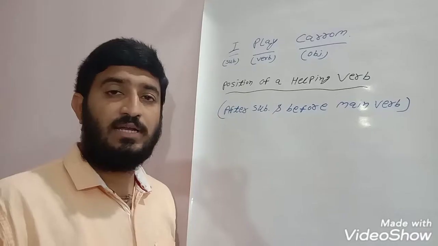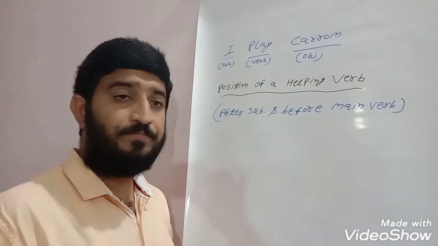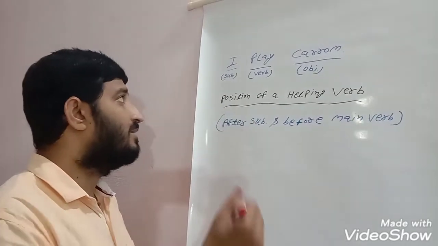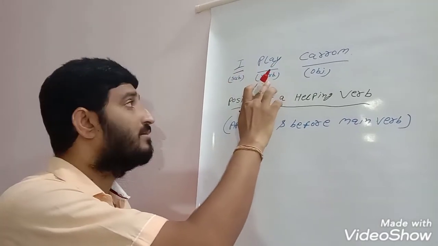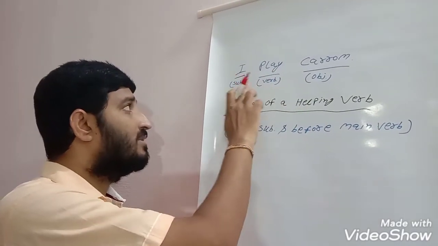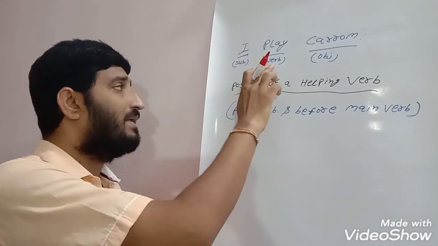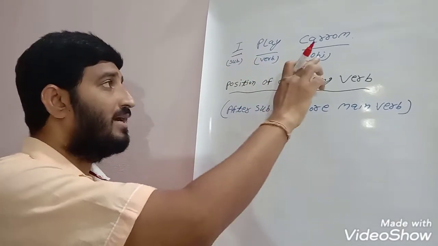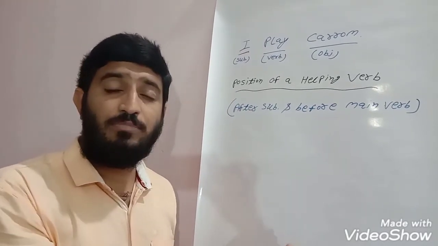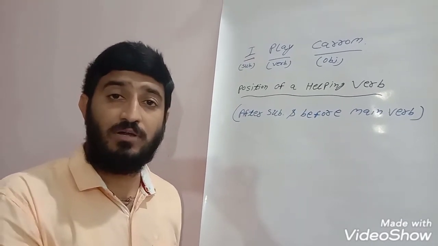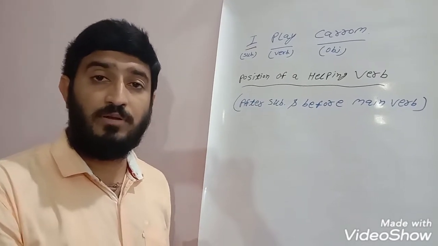Let us see an example. I play carom. In this sentence, the subject is I, the verb is play, because the play action is performed by the subject, and the object is carom. So in this sentence, we have to find the helping verb or auxiliary verb.